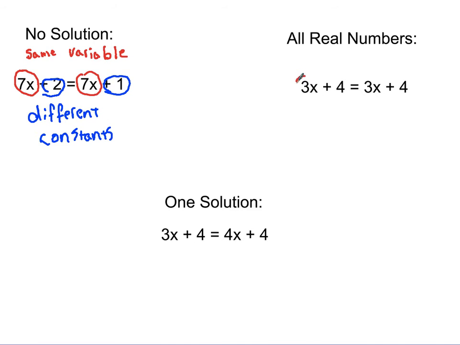But then for all real numbers, I've got the same variable terms once again. So same variable. But this time I have the same constants also. So same constant.